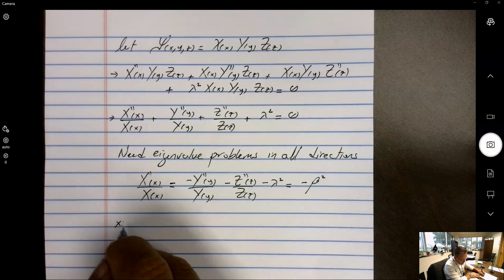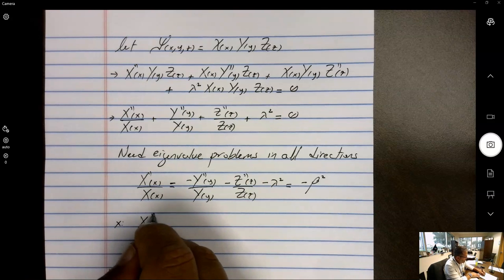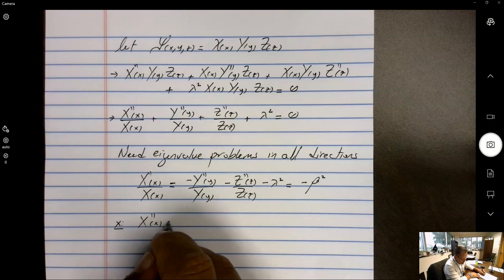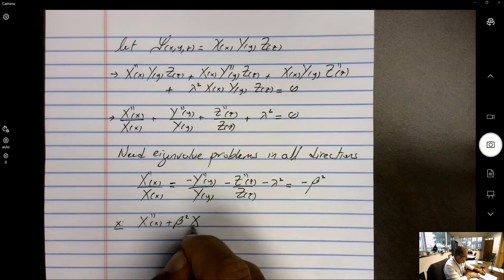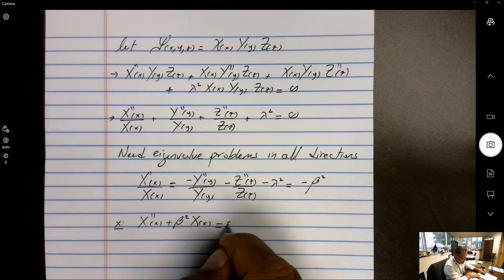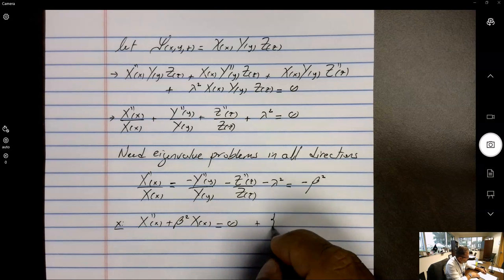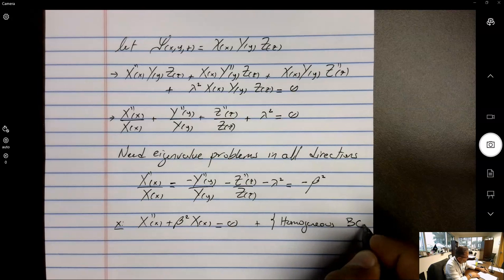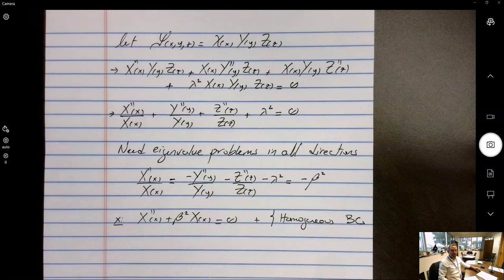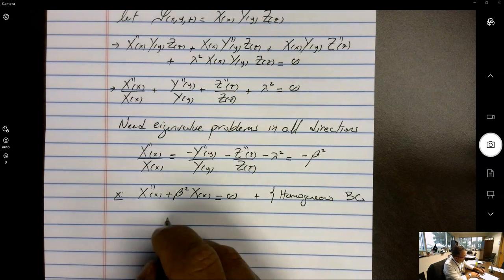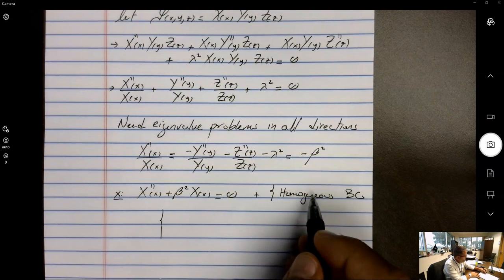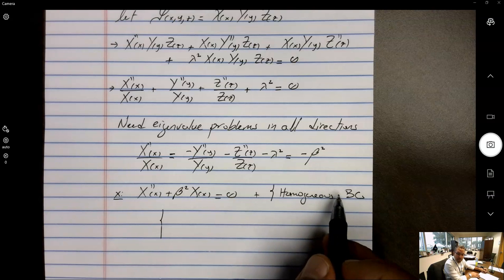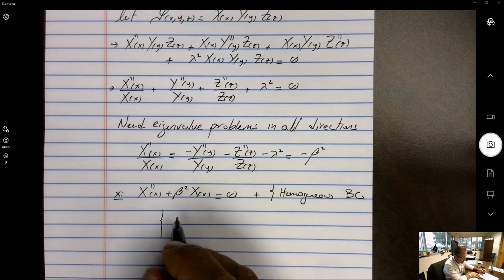So in the x direction, we have X double prime of x plus beta square X of x is equal to 0, plus some homogeneous boundary conditions at both ends, x equals 0 and x equals L. And this will yield, depending on what combination of boundary conditions, first, second, or third kind, we'll have some eigenfunctions.